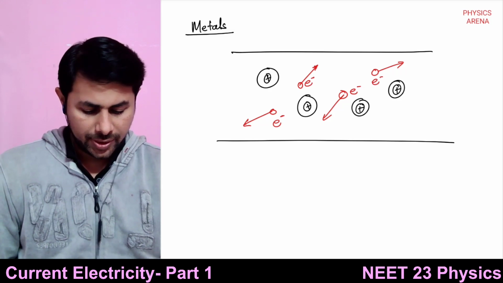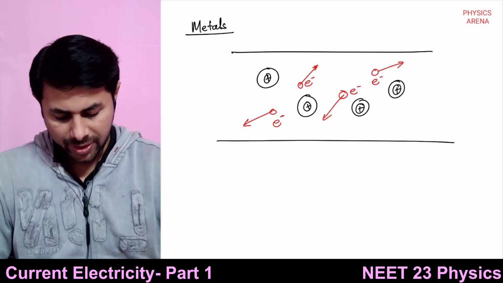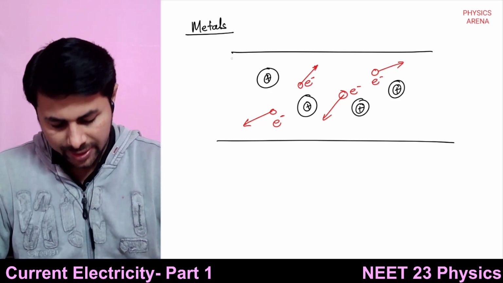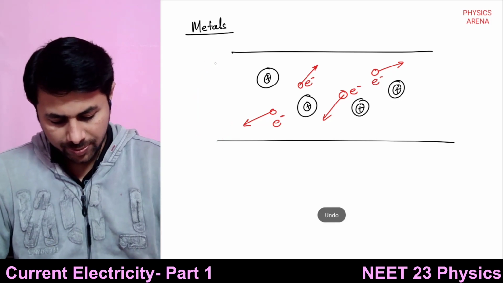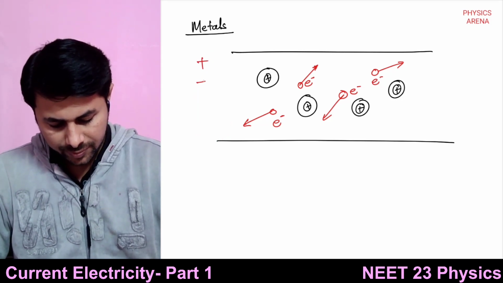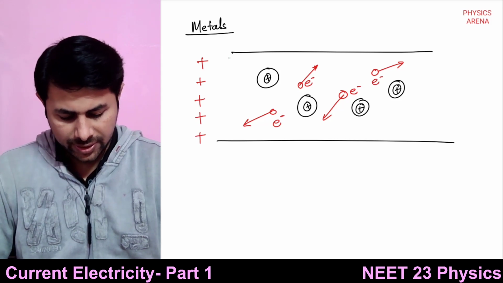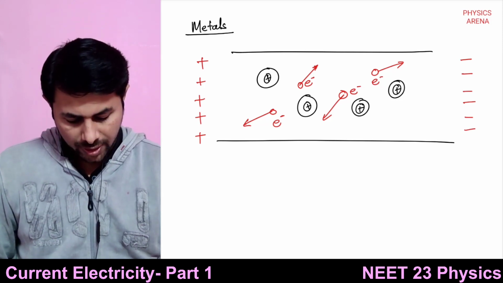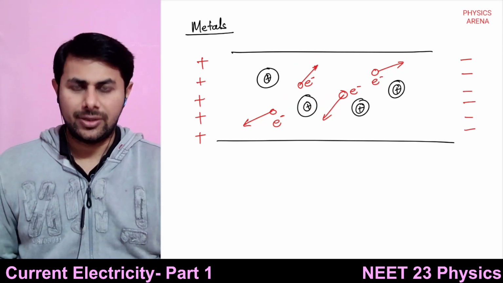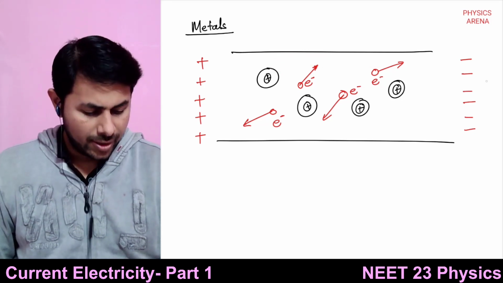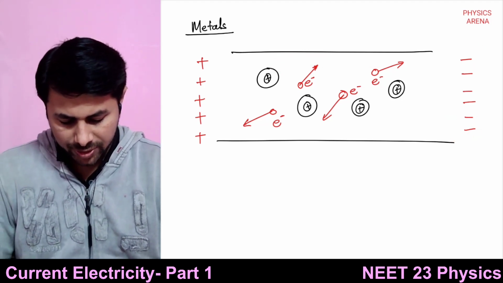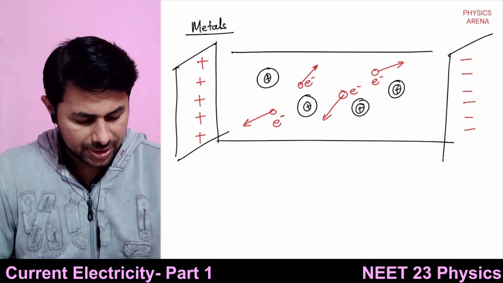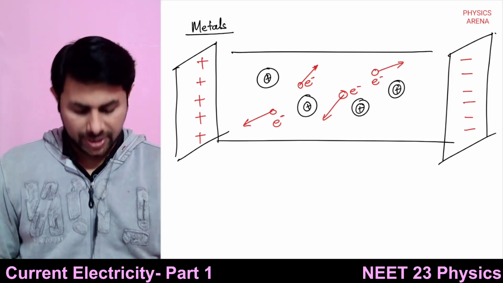So now suppose we apply some external electric field to this metal wire. What will happen? Let's suppose we connect a positively charged surface on this side and a negatively charged surface on the other side. We keep two plates, a positively charged plate and a negatively charged plate.